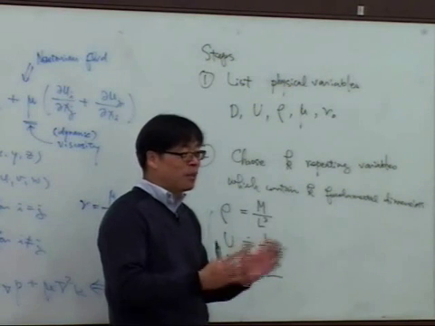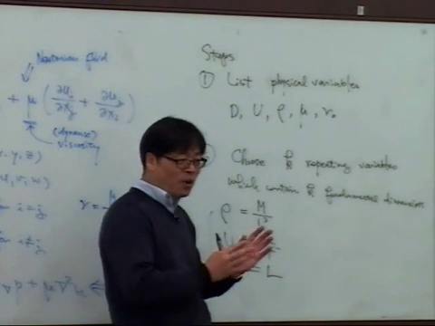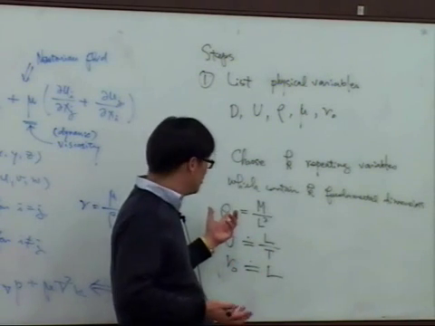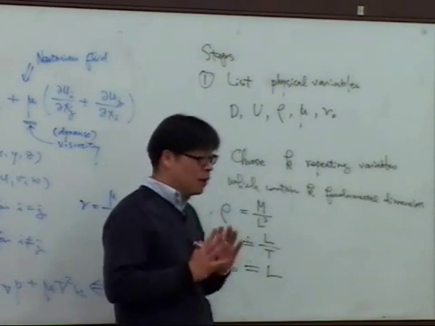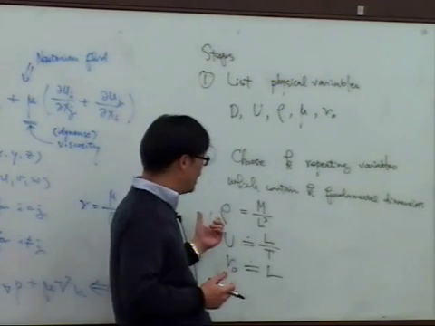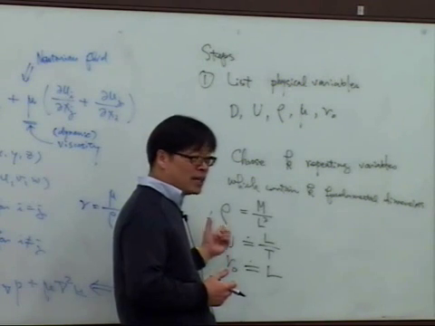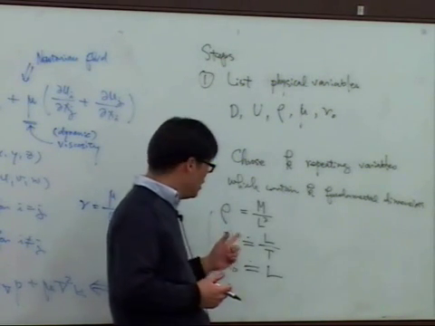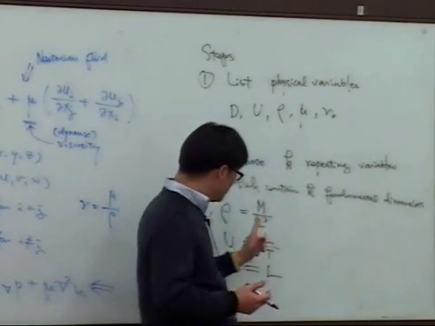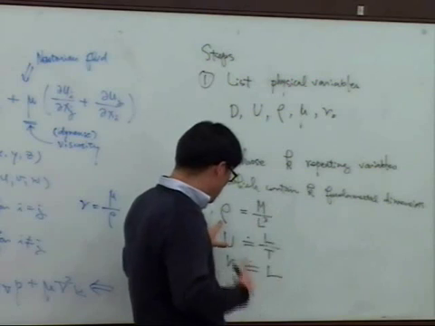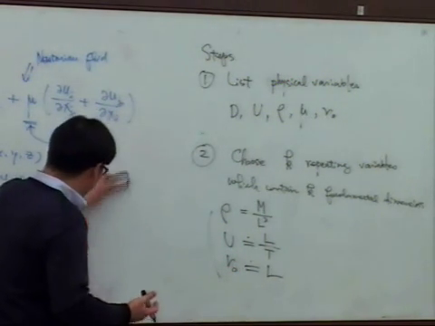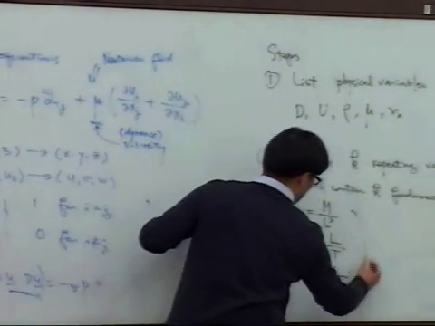So D is kind of a dependent variable, and rho is an independent variable. But you don't have to do it. If you really want to, you can have D. But D is what you're really interested in for engineering applications, so I would not include D as my repeating variable. So I choose these three variables, which I'm going to use repeatedly, as you can see in the next step. That's why these are called repeating variables.